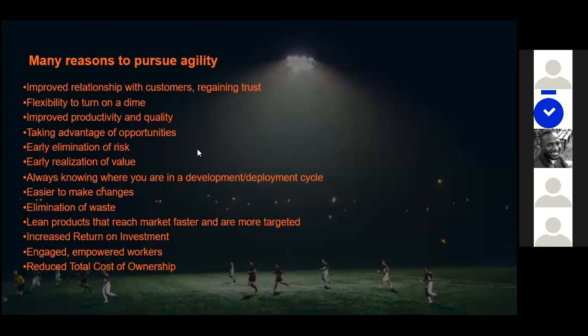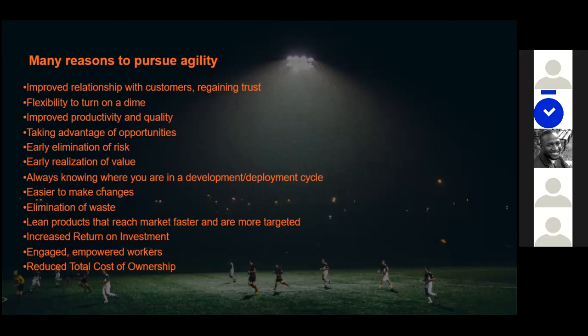So what are the many reasons to pursue agility? You need to improve relationship with customers, regaining trust. You know, customers are the ones that keep you in business. If you are building products for customers, these are the days when customers want input.